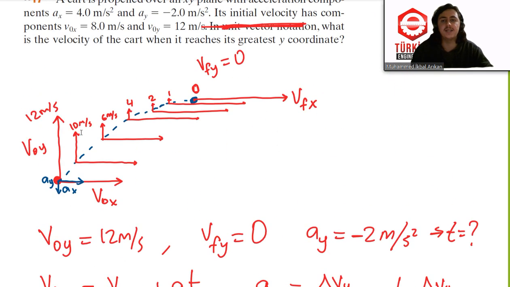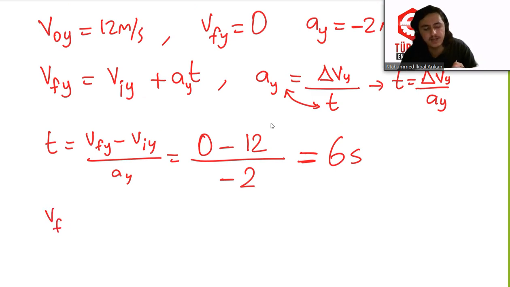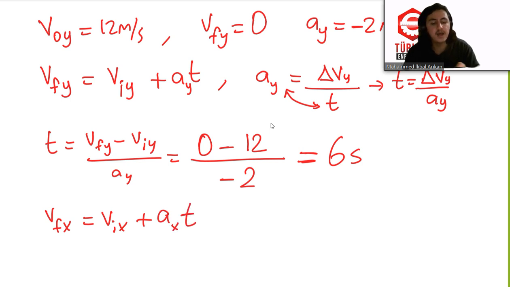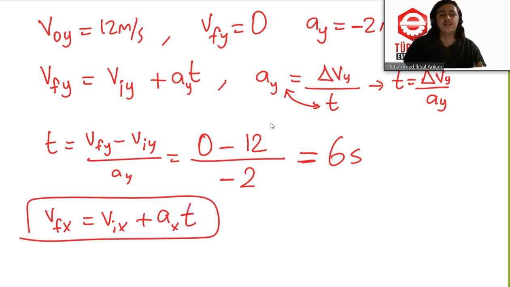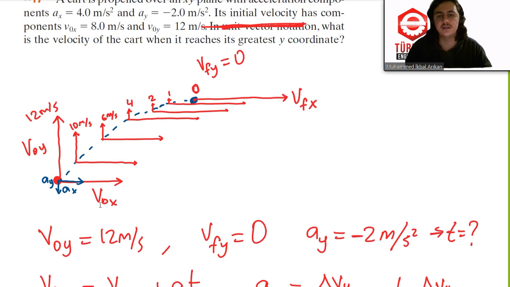Now I know that from the initial position until I get the final position, the time taken is just 6 seconds. So I can solve for v final x, which will be equal to v initial x plus acceleration x times time. I could use this formula from the beginning, but I couldn't because I didn't know the time. So I calculated the time by just taking the y-axis.